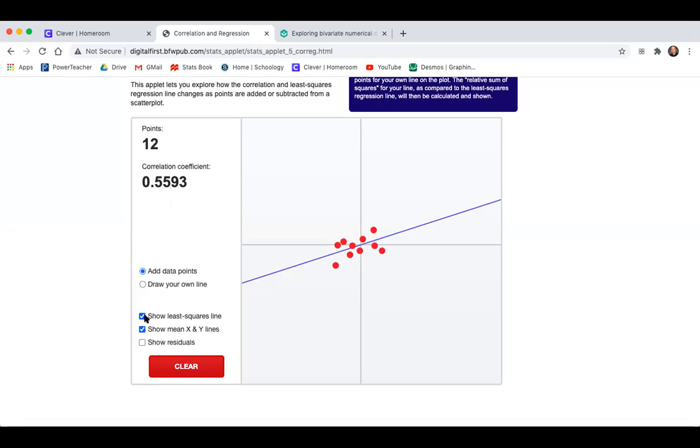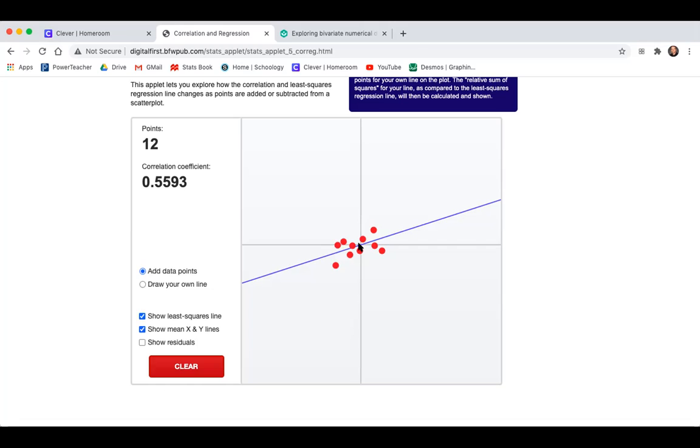On this, we also have the least squares regression line and also the mean of the x and y values plotted as lines. So the average value is right here where they intersect. The point of averages, remember the least squares regression line always goes through the point of averages, the mean for x and the mean for y.